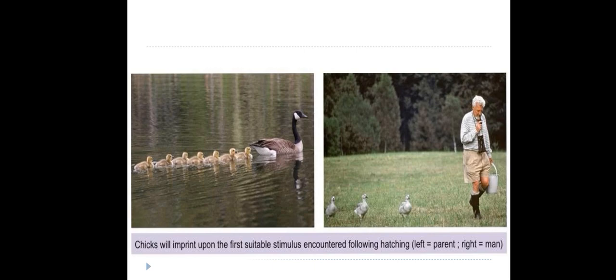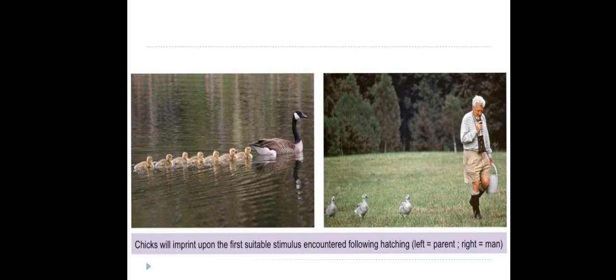Normally, the goslings see their mother hen after hatching, so they move around and follow the mother hen. The first, second, and third days after hatching are the critical period.